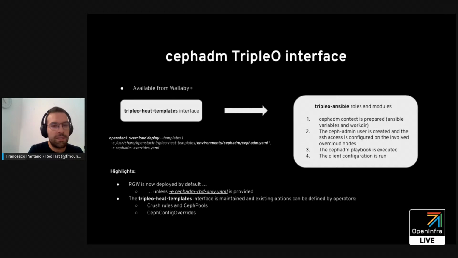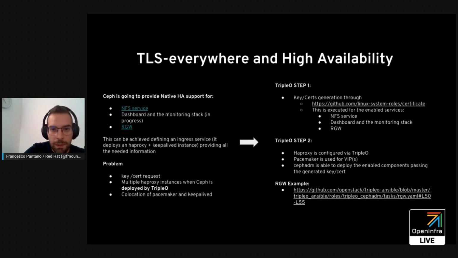You can customize Ceph pools, and they can be tied to these crush rules. So you can just define a different crush map with a different hierarchy according to device classes that can be faster or not. And then you have Ceph config overrides, which means that at deployment time, you can pass a couple of pieces of information to Ceph that are assimilated by the ceph.conf so that they can be translated into manager options.